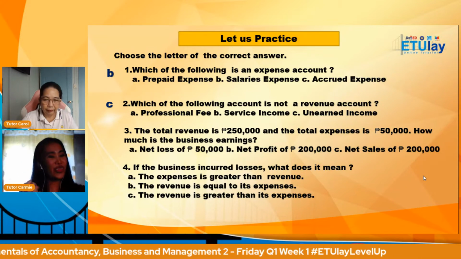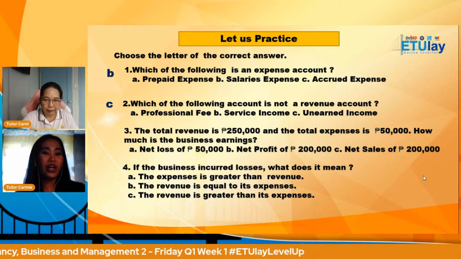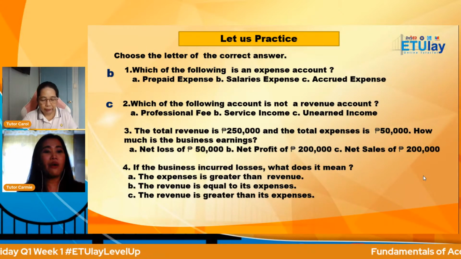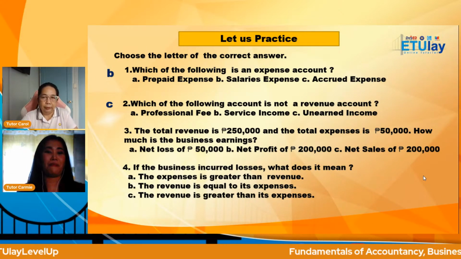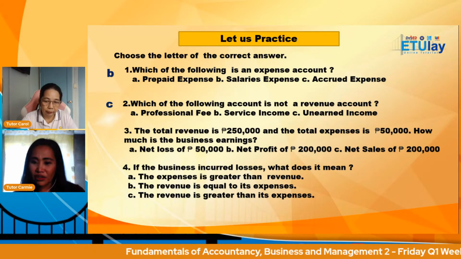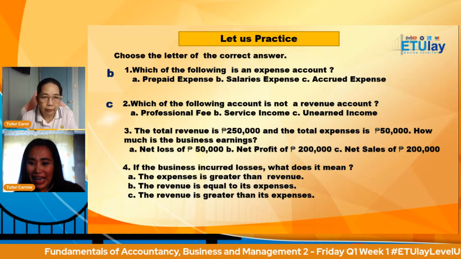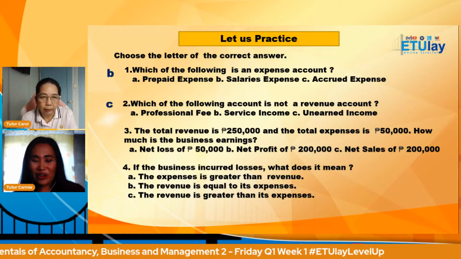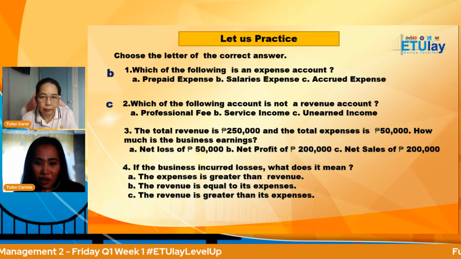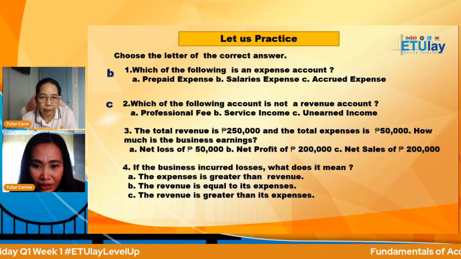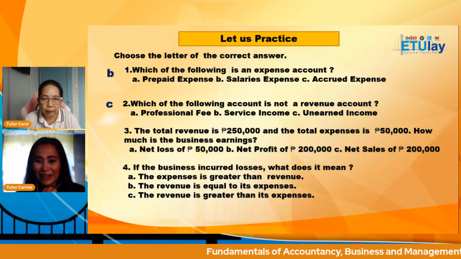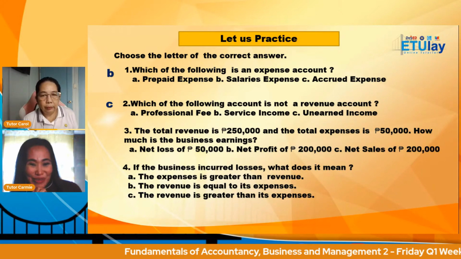So let's have number 3. The total revenue is 250,000 and the total expense is 50,000. How much is the business earnings? Sino po ang gustong sumagot? Si Ma'am Mira, letter C daw po. Medyo tricky po yung answer natin, no?